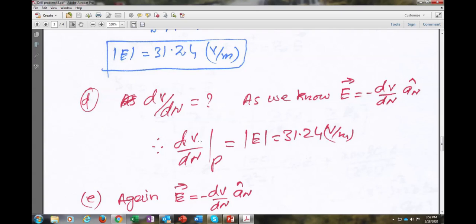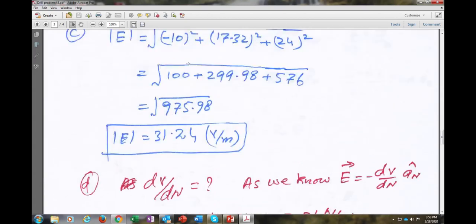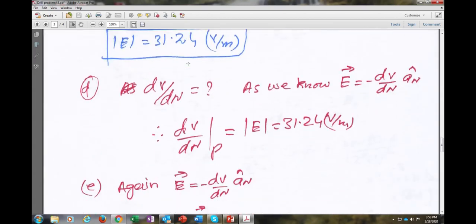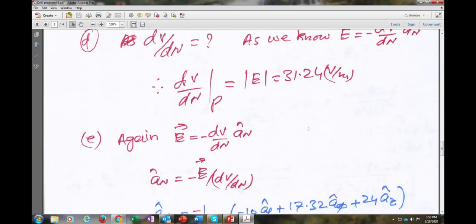So actually this dV by dN is equal to the scalar component of E, or the magnitude of E field, which we have obtained in the previous part C, that is 31.24 volt per meter.